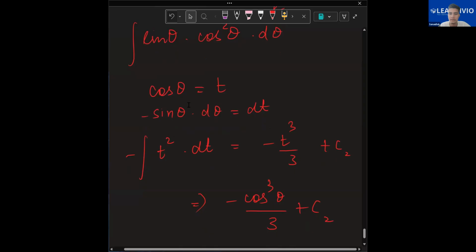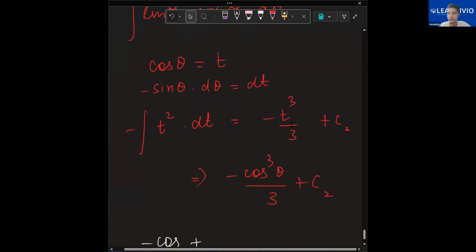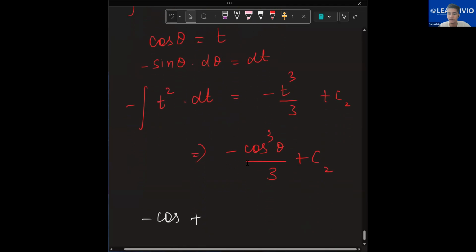Here I have a minus of t square, so I substitute this over here. So dt is minus of sin theta d theta. So here that minus will come in t square for this cos theta. Okay. And this is going to be minus of t cube upon 3 plus c2, right?